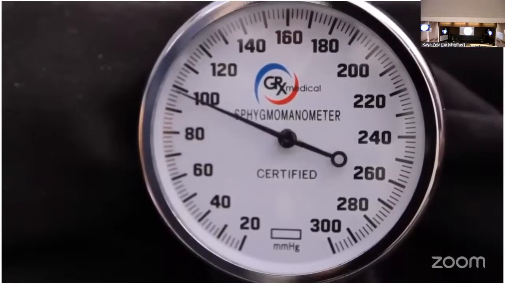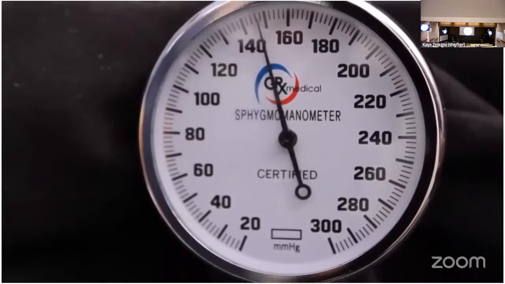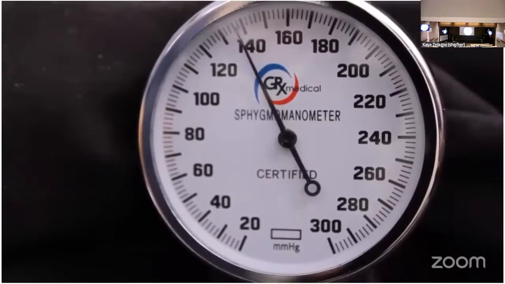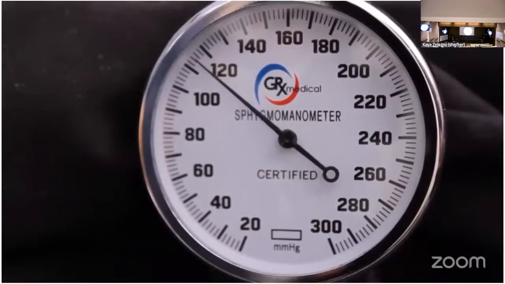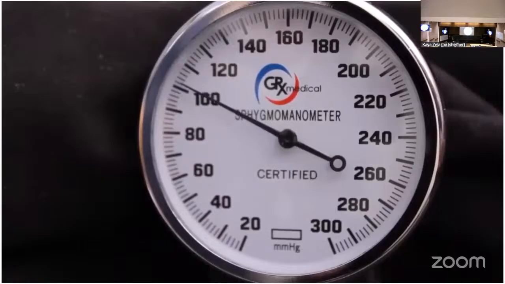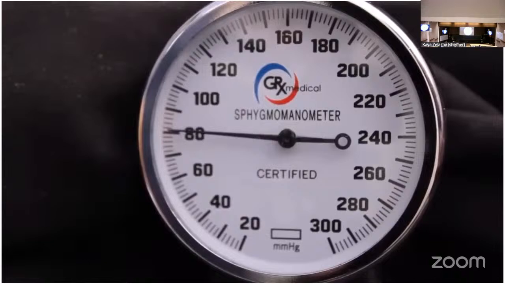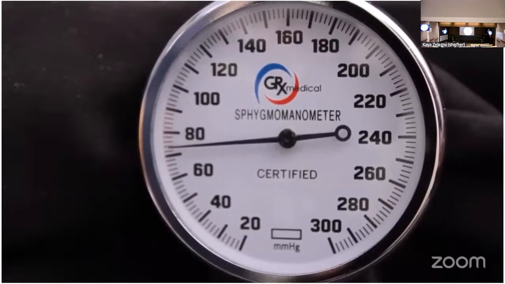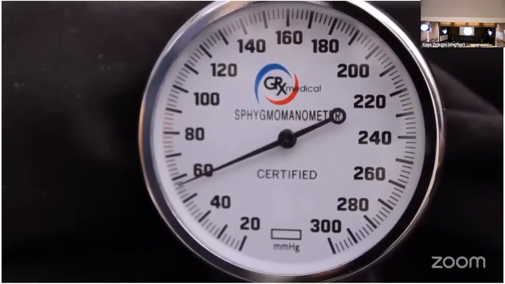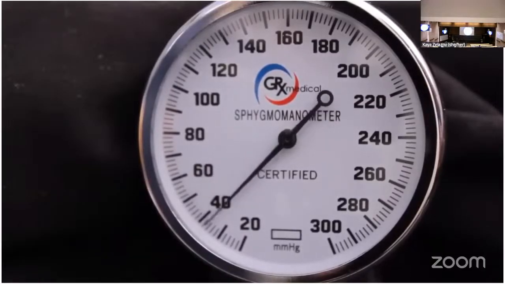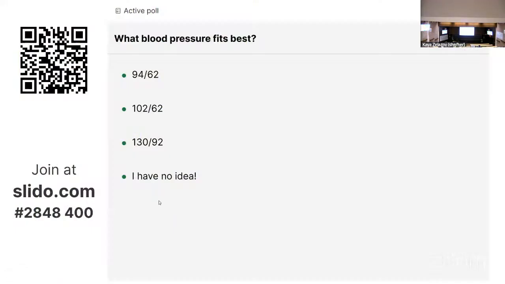So now we're setting ourselves up. We're blowing up that blood pressure cuff, cutting off our blood flow, easing off. Right. Let's see how we did. All right.